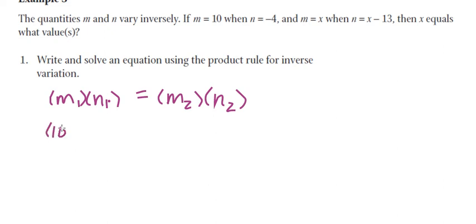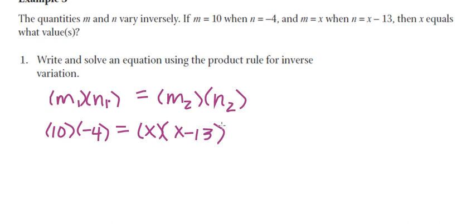So here is going to be 10 and -4. And then here it tells me when M is equal to X, N is equal to X minus 13. So we know that M is equal to X, so I put X there, and that N is equal to X minus 13.